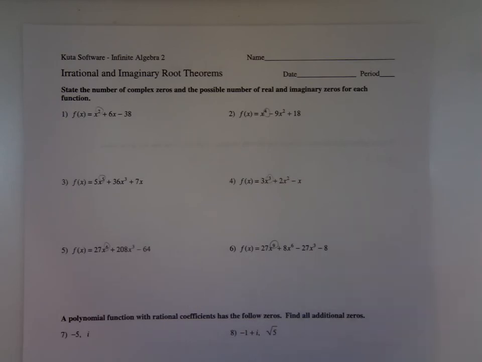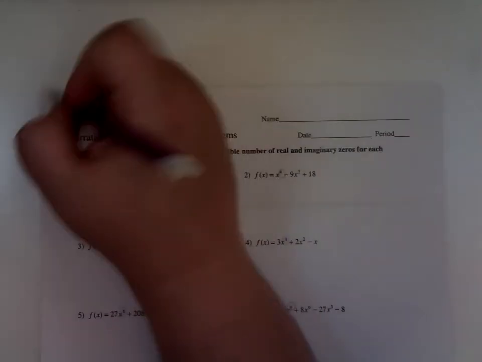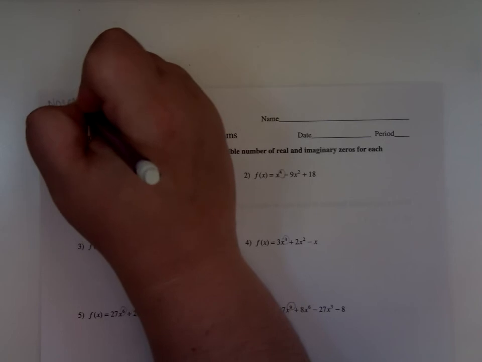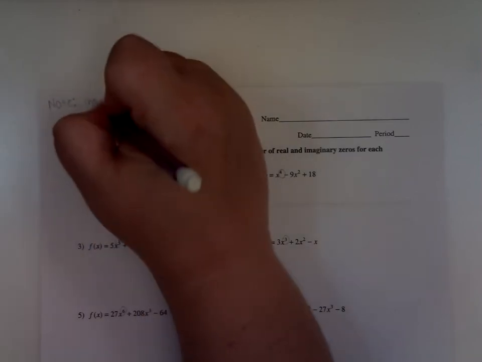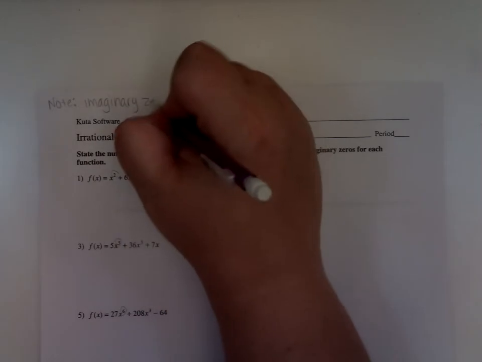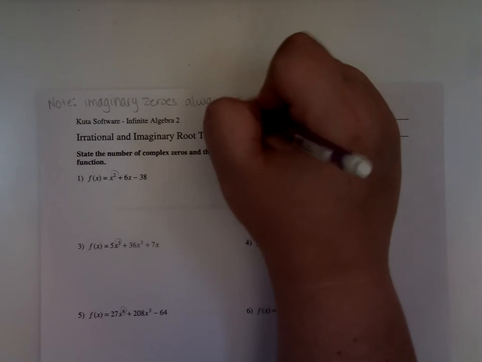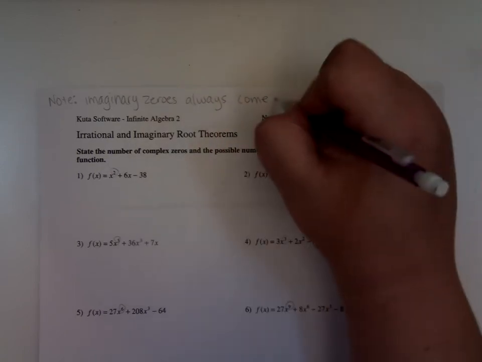Some of those zeros may be real, and some of them may be imaginary. So one thing to note, imaginary zeros always come in conjugate pairs.